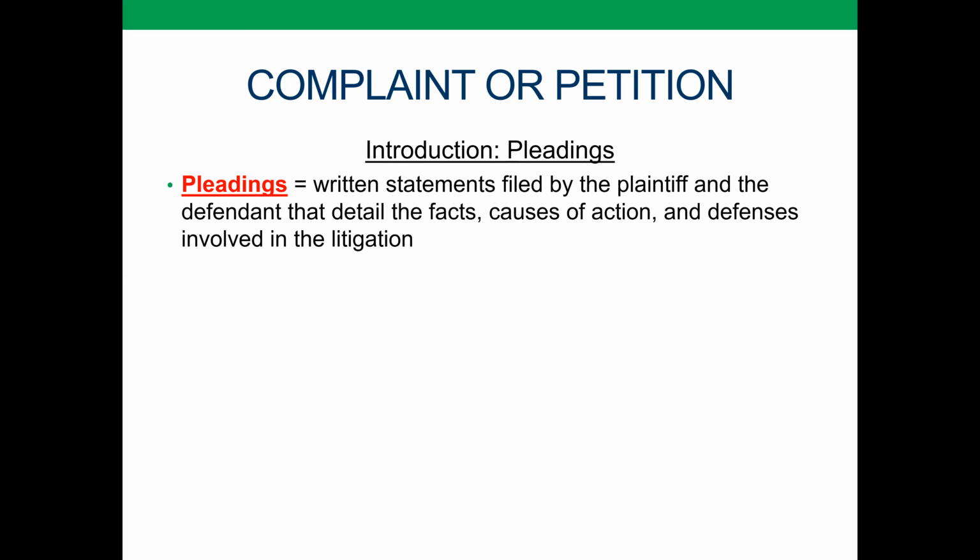They are the written statements by the plaintiff, that is the complaint or petition, and the defendant's answer, in which the parties respectively detail the facts, for the plaintiff, the causes of action against the defendant, and for the defendant, any defenses the defendant may desire to assert in the litigation.